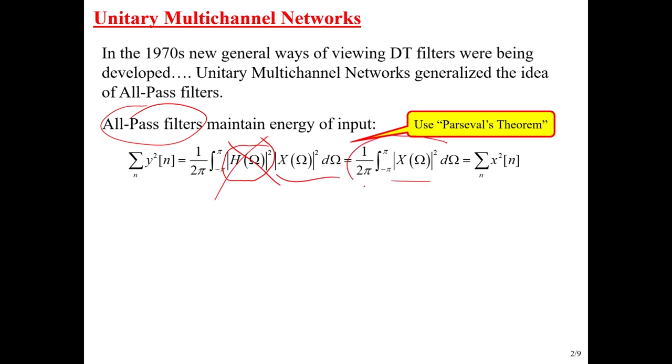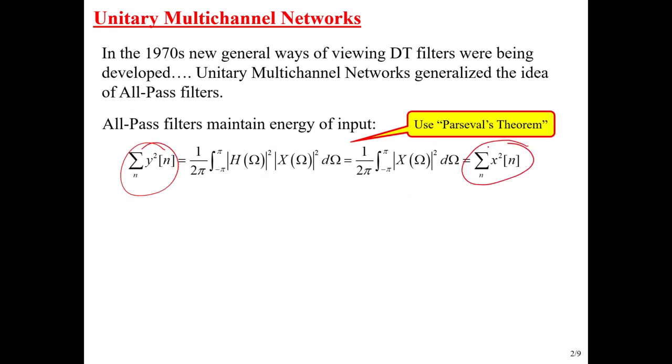And so if we integrate the square of that, Parseval's theorem again tells us that's equal to the sum of the squares. So look, it maintains energy. That's a measure of the output energy, and that is a measure of the input energy. So an all-pass filter retains the energy of the input to the output.